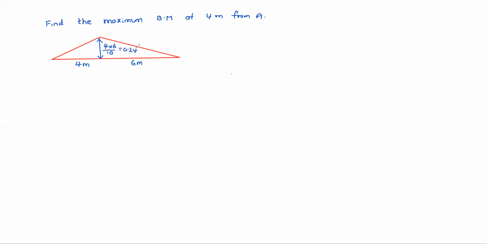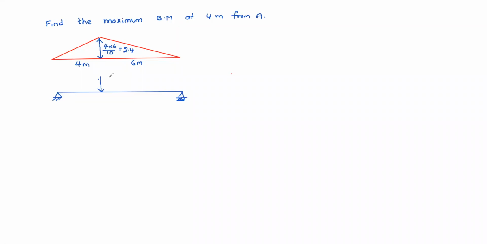So to get maximum bending moment, the load position must be at the maximum ordinate, 2.4. Here it is 2.4. So you need to keep that 30 kilonewton load at the maximum ordinate to get maximum bending moment at the required location.